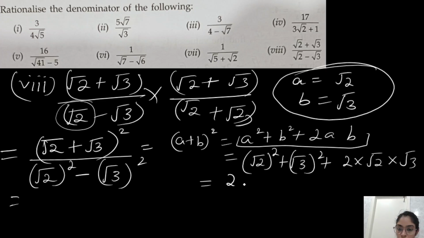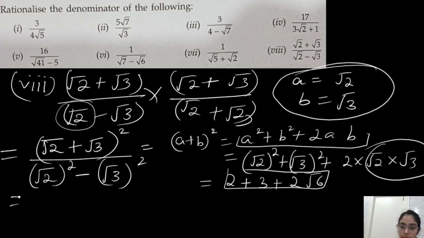Root 2 square is 2, root 3 square is 3, plus 2 into root 2 into root 3 is 2 root 6. So 2 plus 3 is 5, plus 2 root 6. This is the numerator of this question that I have simplified.